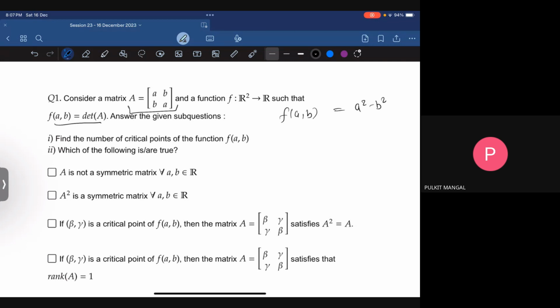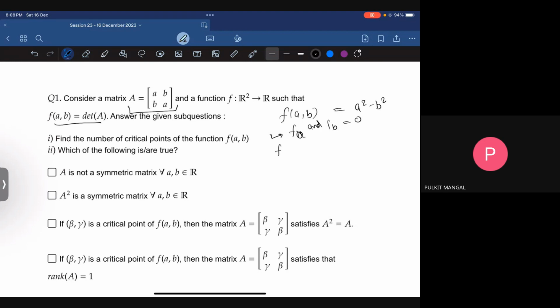So what is the process for critical points? A point is called a critical point if either all the partial derivatives at that point are 0, or the partial derivative at that point does not exist. So to find critical points, we first need to find the partial derivatives. Here our variables are a and b.